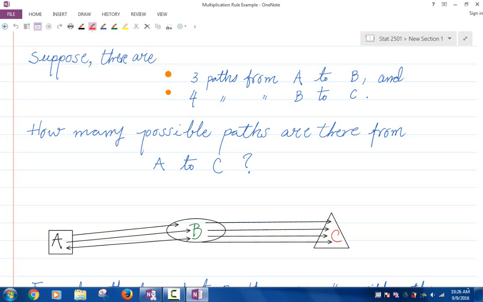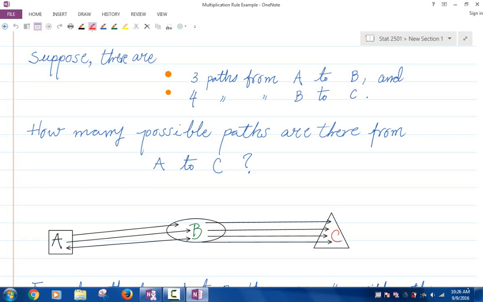The way you want to think about it though is, for each path from A to B, there are 4 possible paths from B to C. Right?